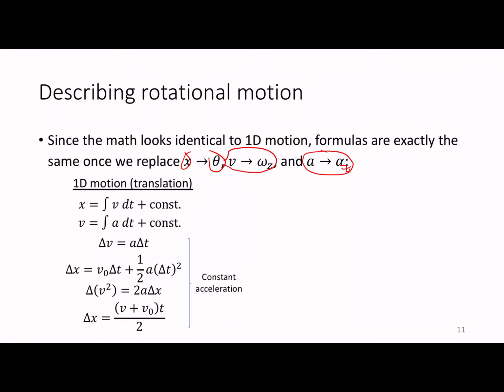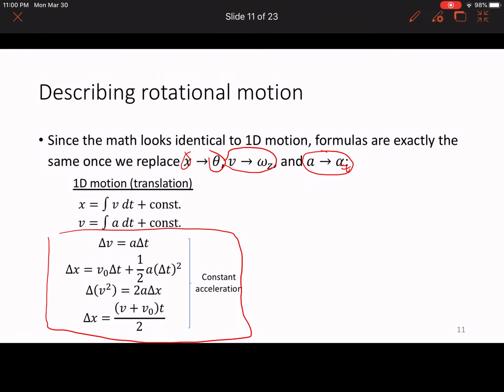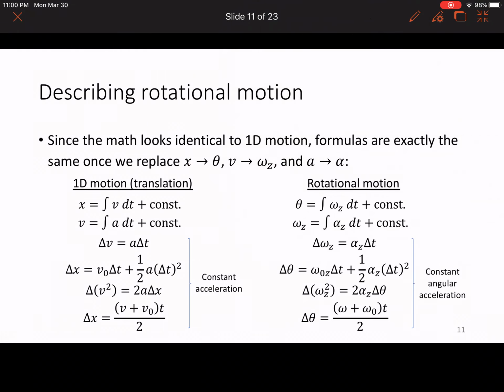So here you go. Here are the formulas I taught you. v is dx dt, x is the integral of v dt, v is the integral of a dt, and then this set of formulas down here only work in the presence of constant acceleration, as you are very familiar with. So now, if I want to talk about rotational motion, all I have to do is replace x by theta, v by omega, and so on.